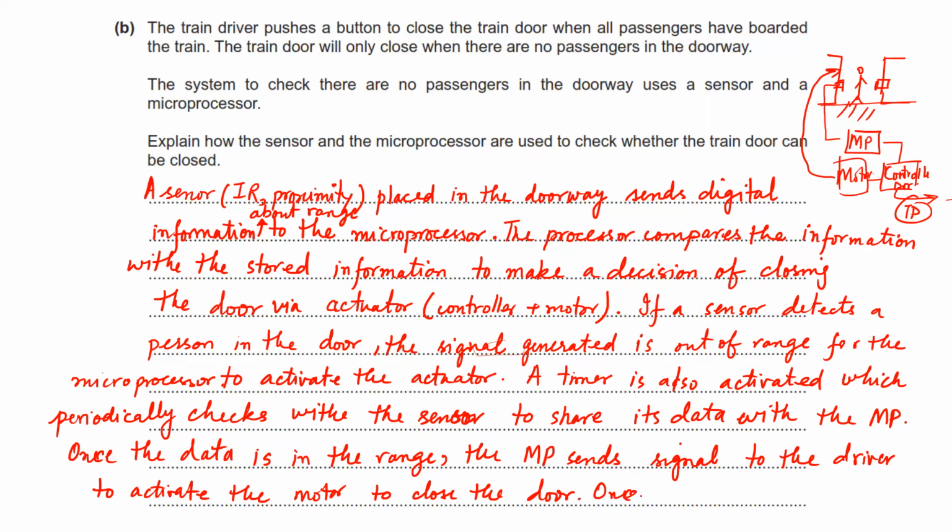Once closed, the sensor can again recheck and confirm. Okay, so this is how you can write in your own words about this microprocessor based system that is working to close your door on the train.